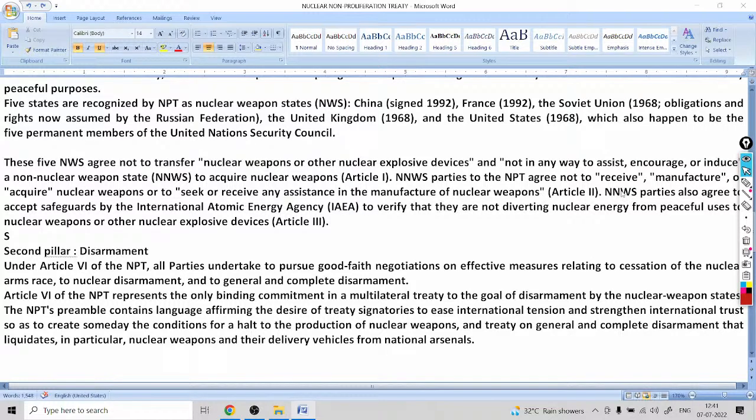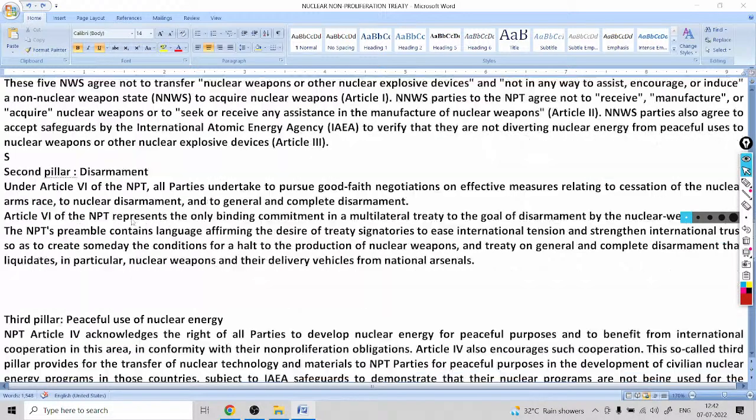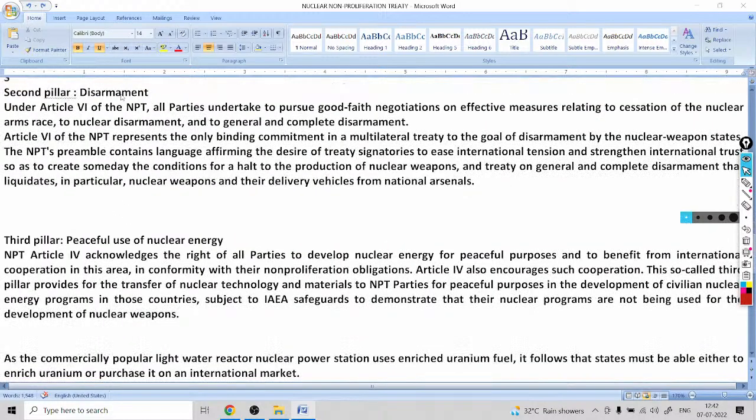Article 2. Non-nuclear weapon state parties also agreed to accept safeguards by the International Atomic Energy Agency to verify that they are not diverting nuclear energy from peaceful uses to nuclear weapons or other nuclear explosive devices. Article 3.